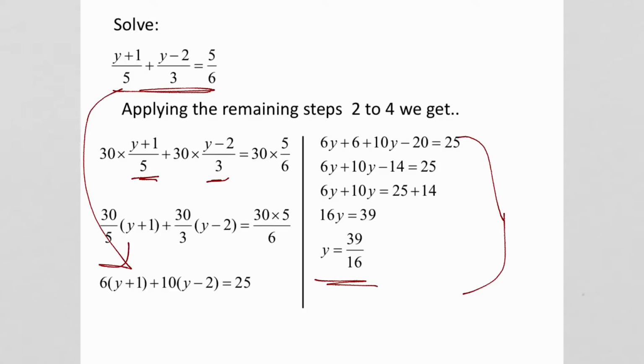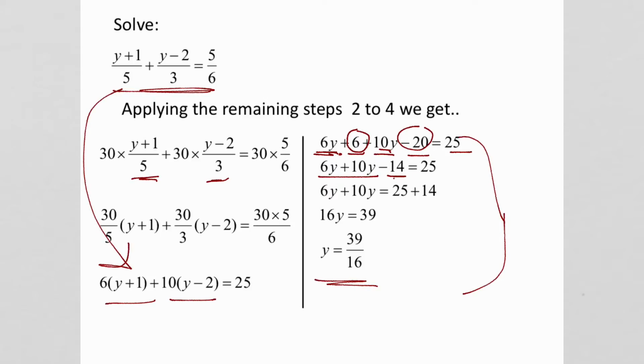Going through the remaining parts here, when we expand out, we get 6y there, and we get 6 when multiplying those. When we multiply these out, we get 10y minus 20. 25 stays where it is. 6y and 10y stay on the left hand side. 6 and negative 20 give us negative 14, so we need to get rid of the 14.